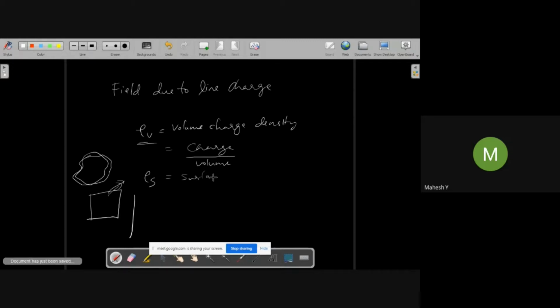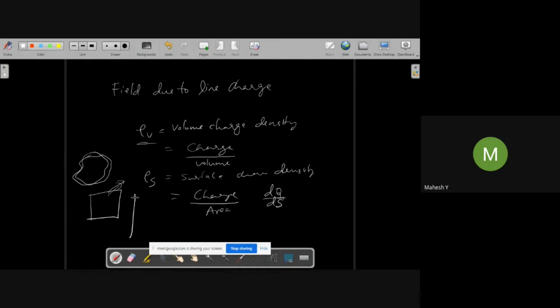So what is surface charge density? Surface charge density is charge per unit area. Charge per unit area is called surface charge density. So it will be dq by ds. You know that area is a vector.